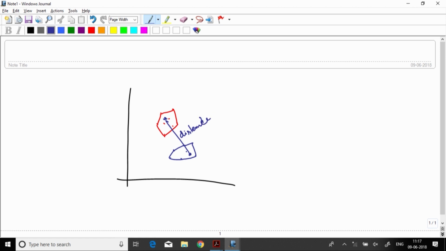So which two points are these? Maybe these two are the points. They have the minimum distance, and they are coming from both the sets. So these two points are called support points, one from each class.